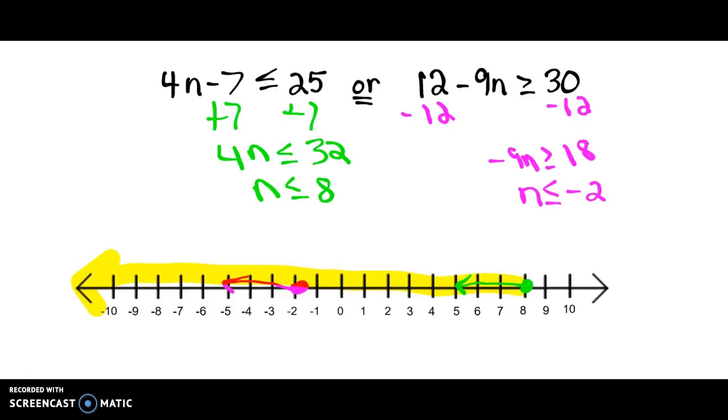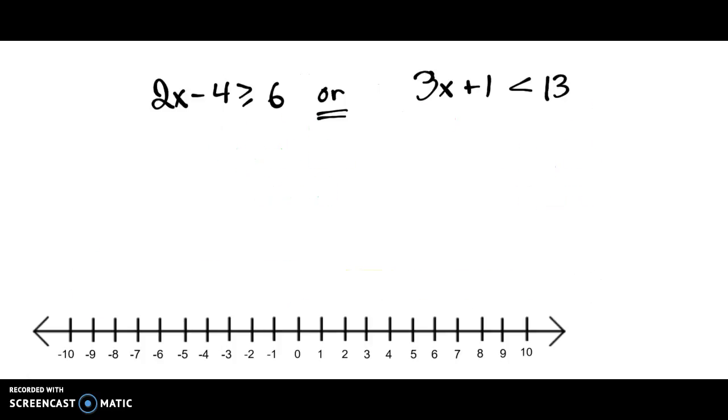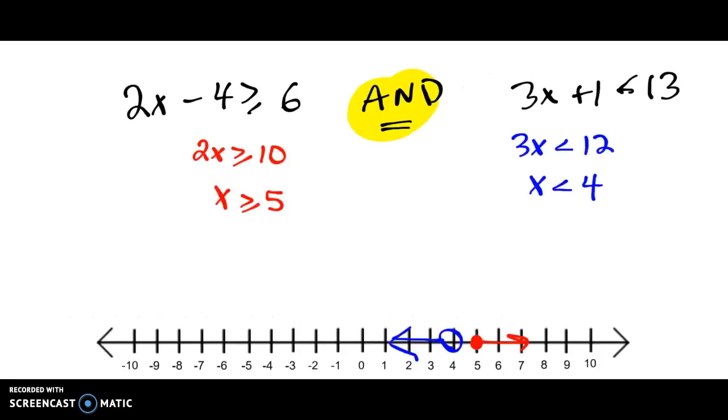So if we compare that to an and statement, it would look something like this. Here's an and problem that I've already worked out. If I add 4 to both sides, I get my 10, and then I divided by 2. So then x greater than or equal to 5 would be here in red.